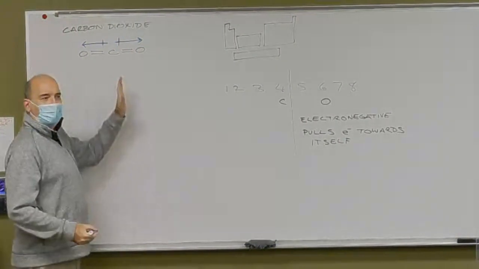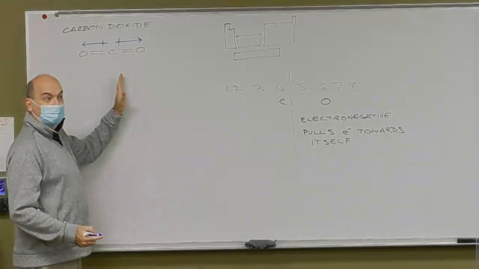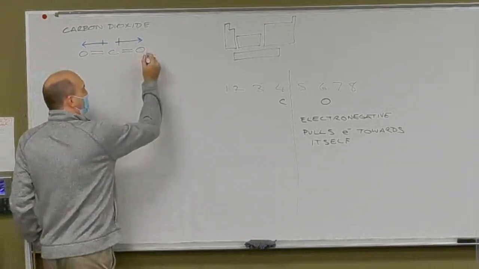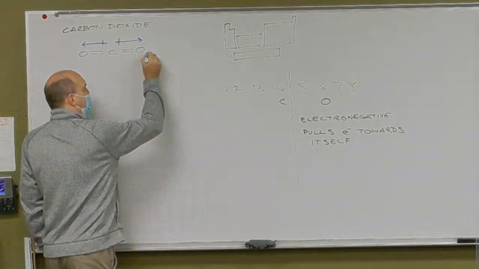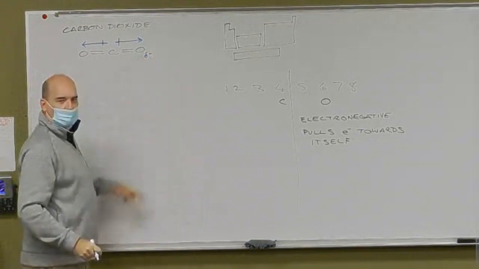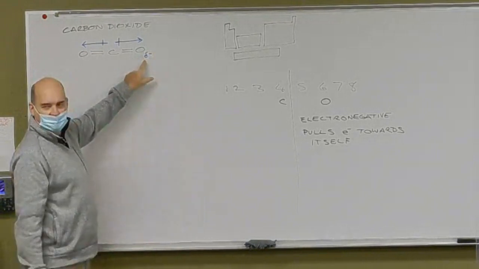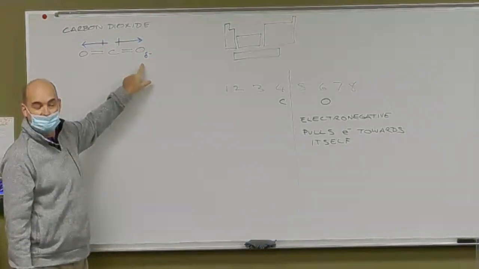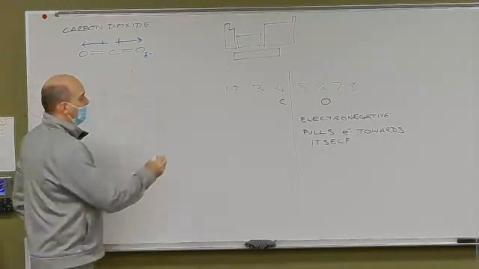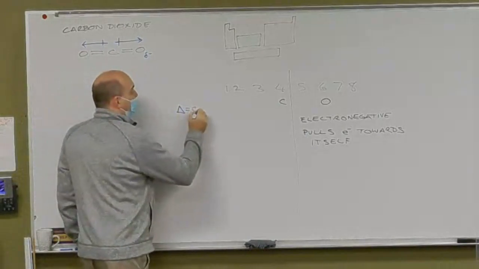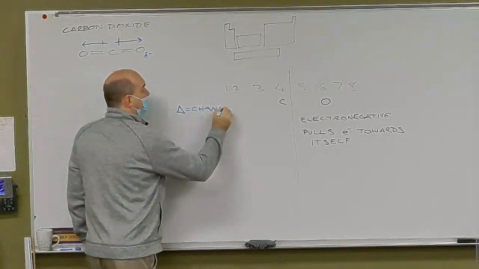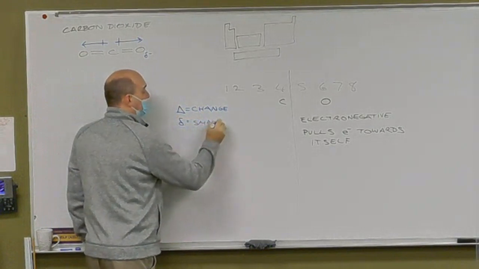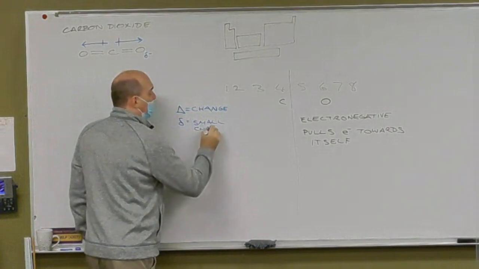Okay, so electrons are being pulled towards that oxygen. That makes that oxygen a little bit negative. Delta, that's a lowercase delta. Remember, delta is change, and a lowercase delta is a small change.